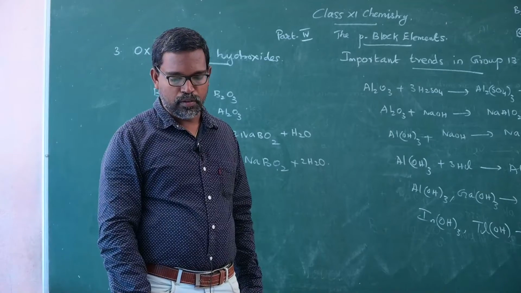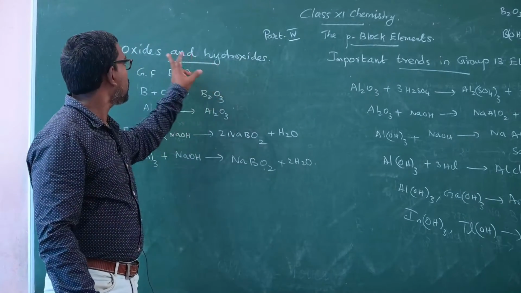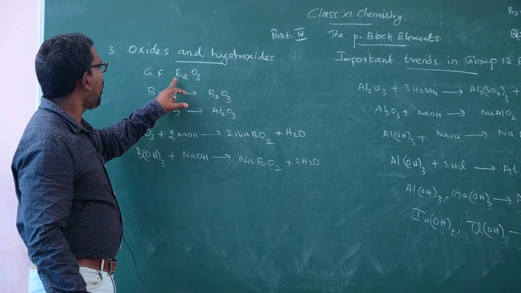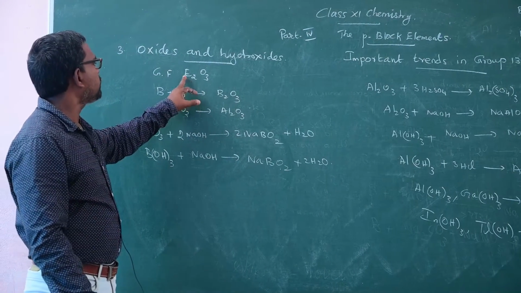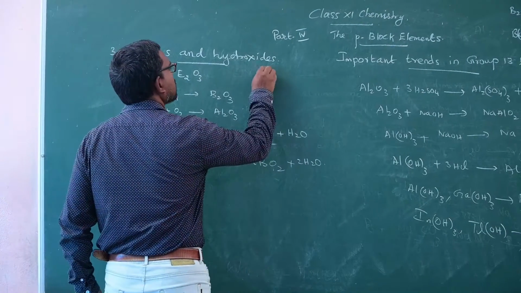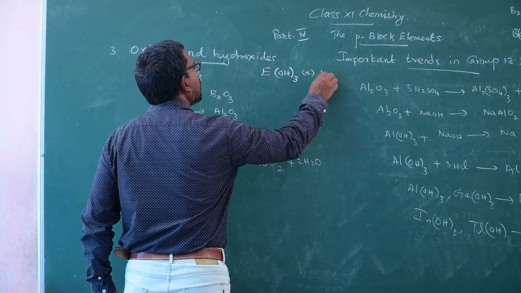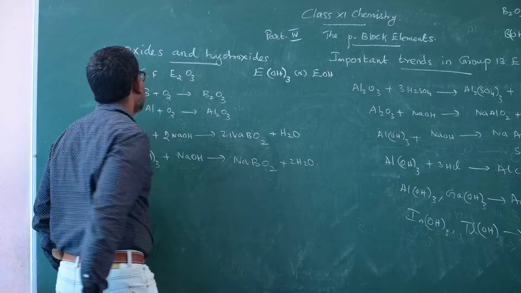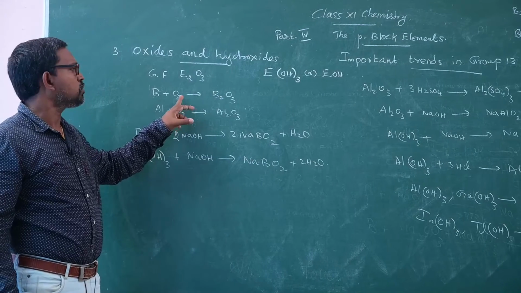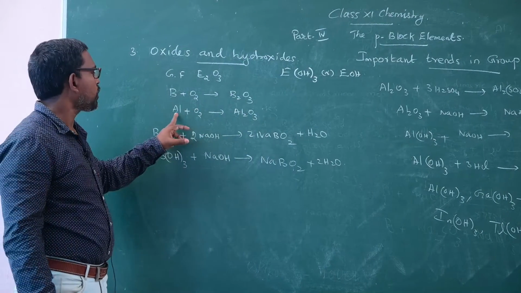All the elements of group 13 form oxides and hydroxides, especially oxides of general formula E2O3 and hydroxides of general formula E(OH)3 or EOH. Boron readily reacts with oxygen to give boron trioxide, B2O3.